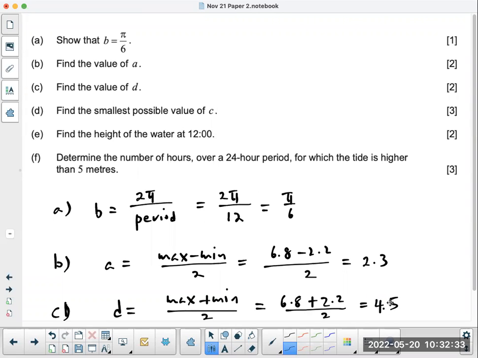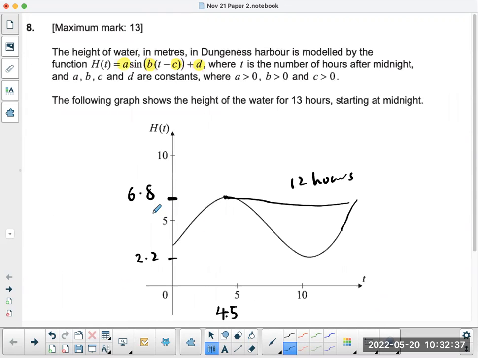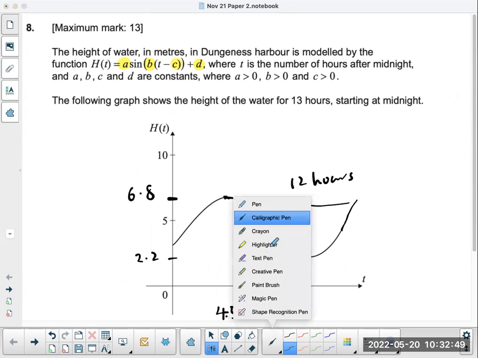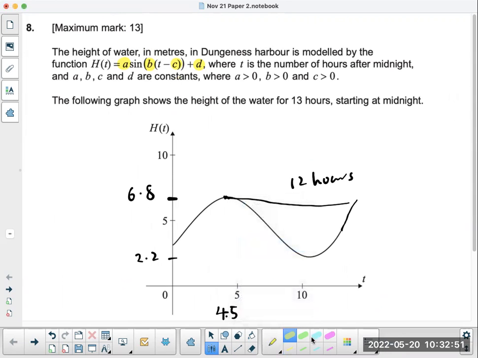Find the smallest possible value of C. Well, that's going to be your phase shift. So here you're shifting to the right. Now you have to check. This is a sine function. A sine function means you start in the middle. See how this is a sine model?